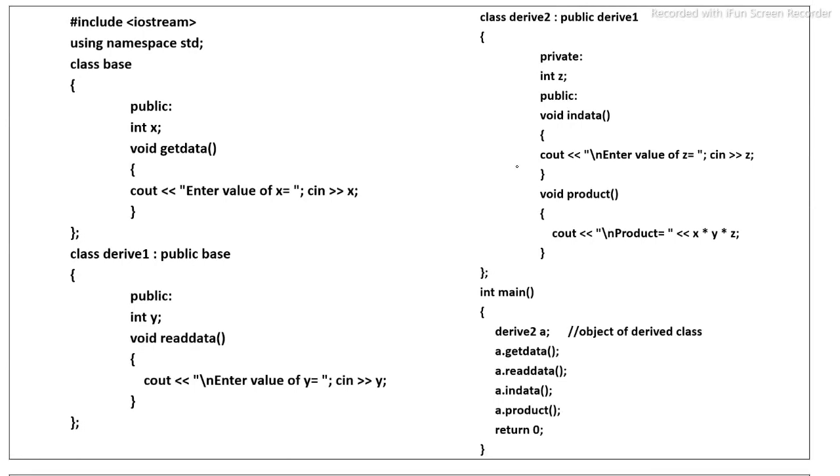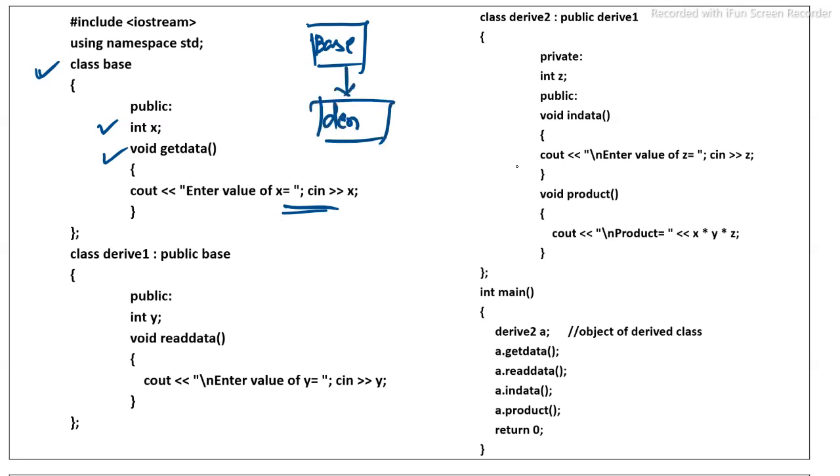Here there is a class base, containing one public data member x and one public member function void get data, which is taking input from the user using the cin statement. Similarly, one class is being derived from the base class and the derived class name is derive1.